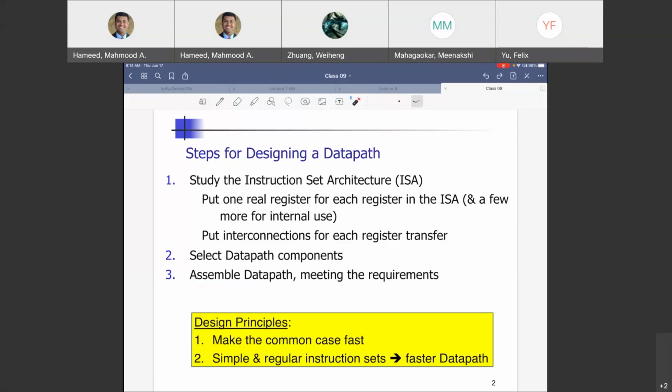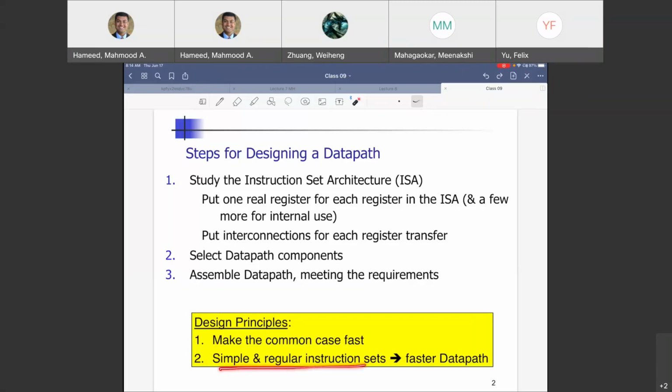There are two design principles that we are going to think about while we are making these choices. One is make the common case fast, which is something that we have heard from day one. Whenever you are trying to make the computer fast, your data path is going to have to be fast. Whatever common instructions you have, you're going to design hardware to make them fast.